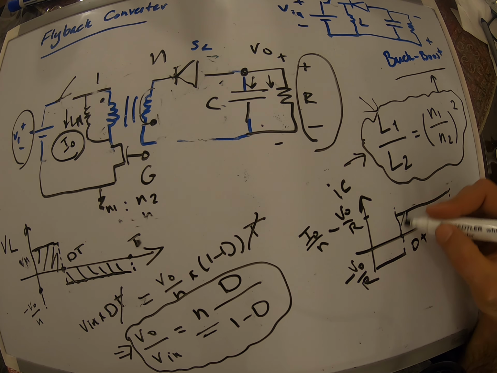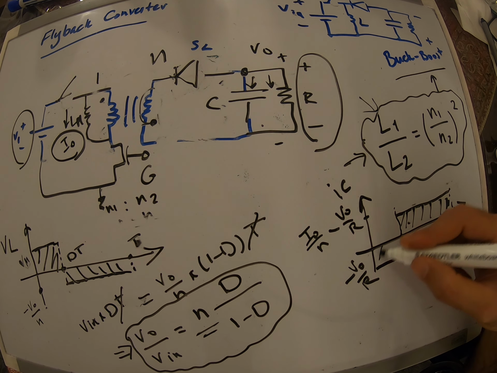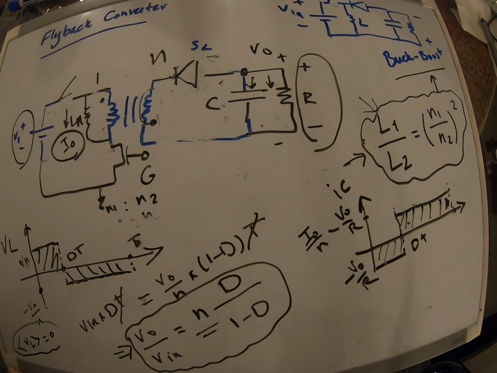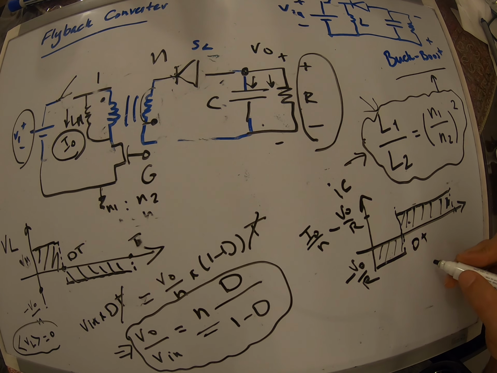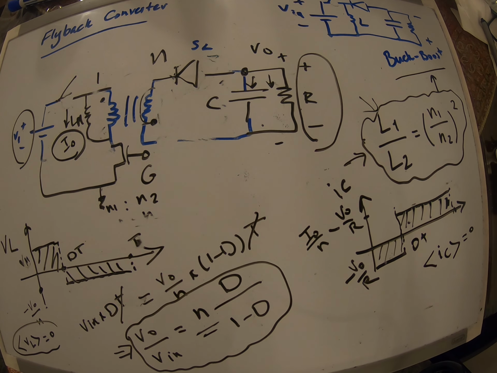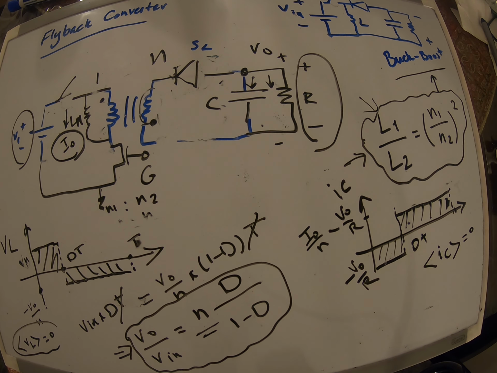And now we can write, which rule? Amp-second balance. The volt-second balance tells us that the average of the voltage of the inductor is 0. What does amp-second balance tell us? That the average of the current of the capacitor is 0.